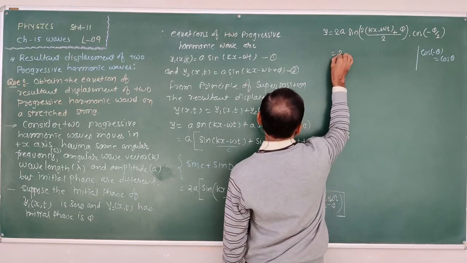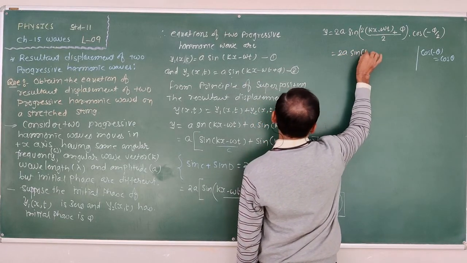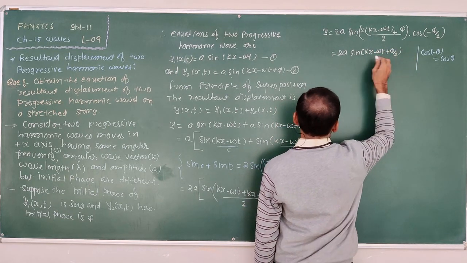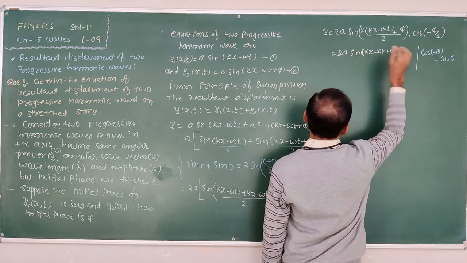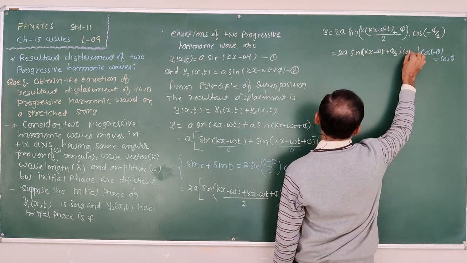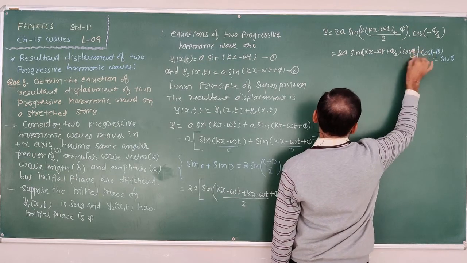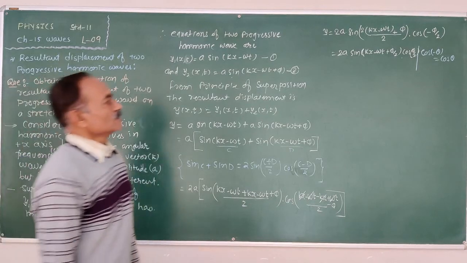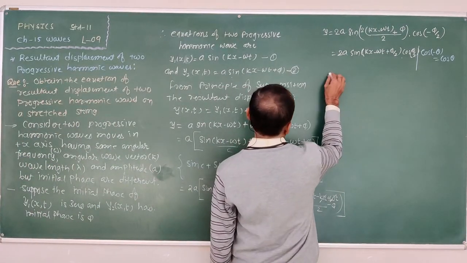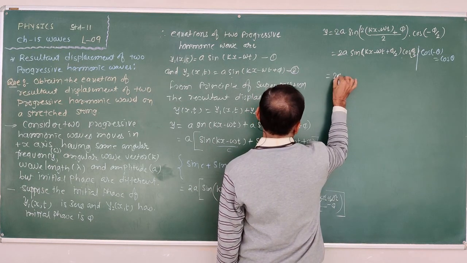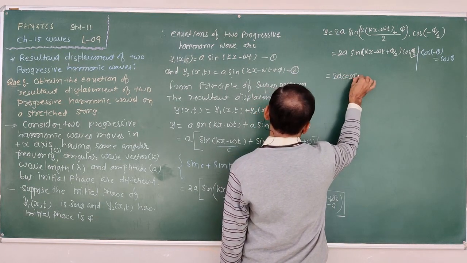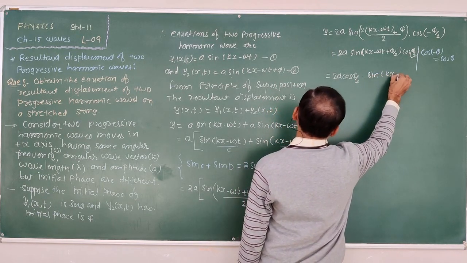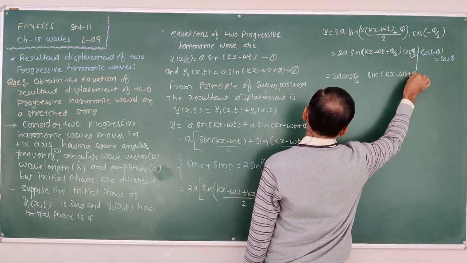Therefore, we can write this as 2a cos(phi/2) sin(kx - omega t + phi/2).